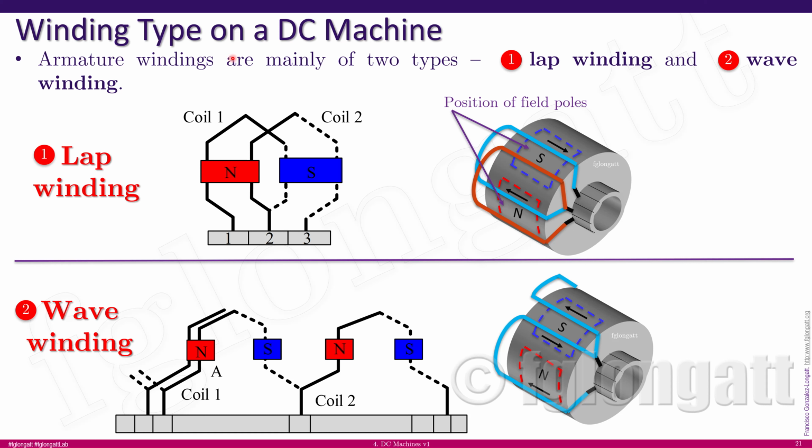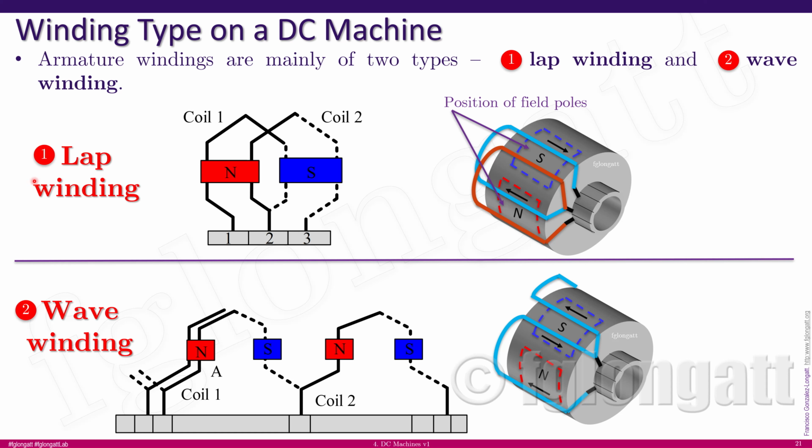I must be honest, you can find others, but the two most popular types of armature windings are the lap winding and the wave winding. You need to pay attention to this because they have very different physical, mechanical and electrical properties. So let's start with the lap winding.